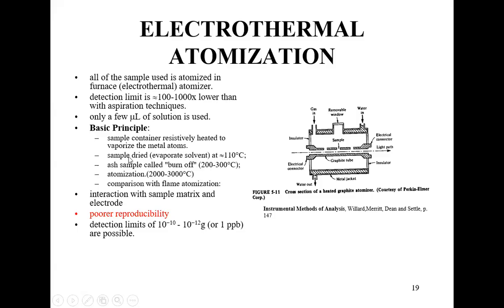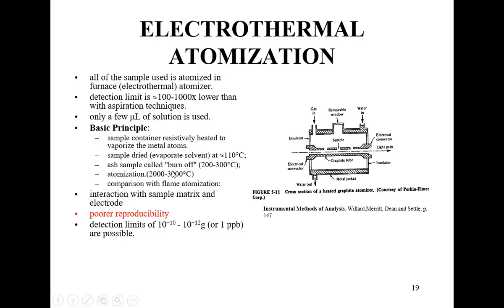And we know the basic principle of operation of electrothermal atomization, or graphite furnace atomization. The sample container is resistively heated to vaporize the metal atoms, and the sample is dried, or the solvent is removed, at about 110 degrees Celsius, and you ash the sample.